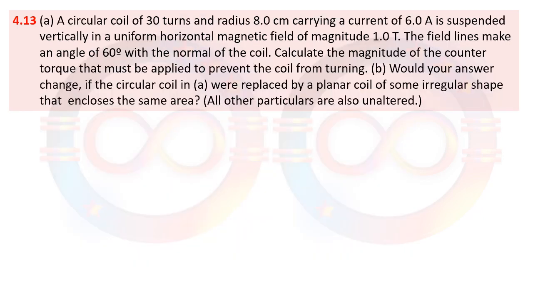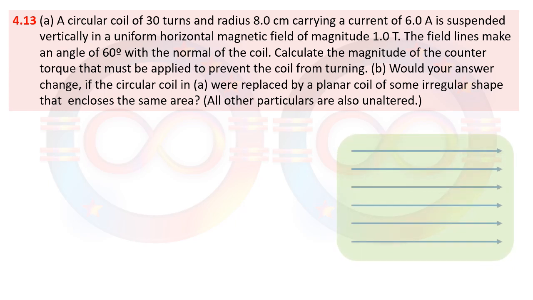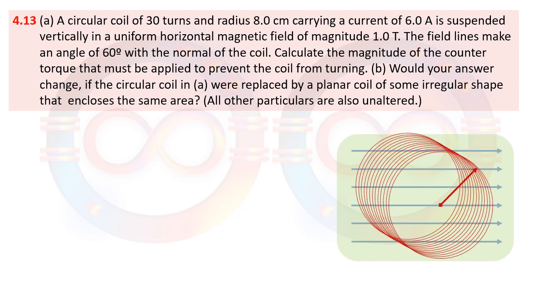Question number 13 is saying that a circular coil of 30 turns and radius 8 centimeter carrying a current 6 ampere is suspended vertically in a uniform horizontal magnetic field of magnitude 1 Tesla. So this is the magnetic field having magnitude 0.1 Tesla, and this is the coil having 30 turns which are placed here, and the current flowing is 6 ampere.